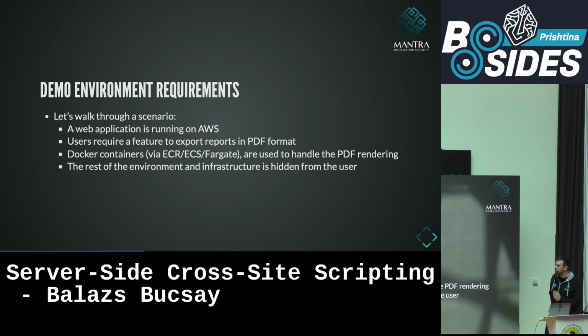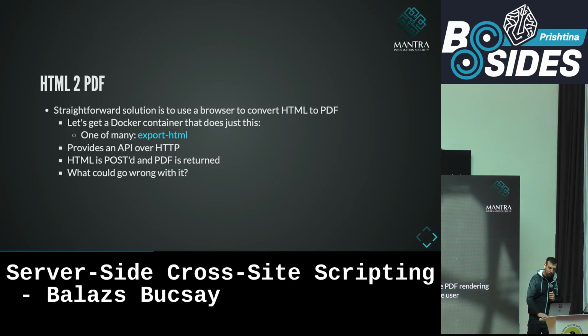So I put together a demo, and what's going to happen is I created an environment in AWS, Amazon Web Services, where there is a website where you can submit HTML content and you get a PDF back. It's going to run on Docker, ECS, Fargate, ECR services if you want to know it in depth. And there is a little bit more in the background that I'm going to talk about.